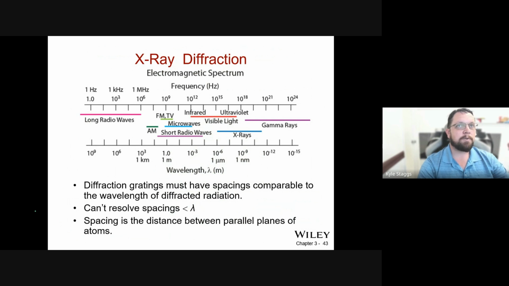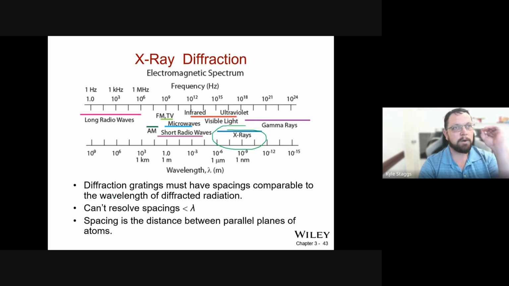The X-ray region is here in the spectrum, so it's in the 10 to the minus 6, 10 to the minus 9, 10 to the minus 10 nanometers. And then these will get you where you need to get to in terms of understanding what is happening with the characterization technique.